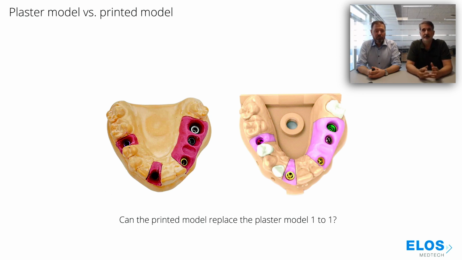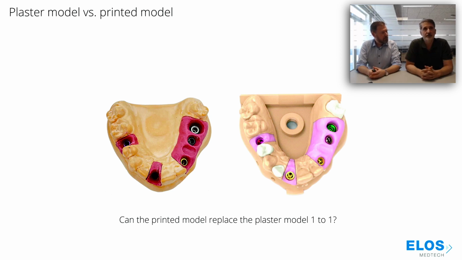So I think the 3D model printing is still an evolving technique in the field of implant prosthetics. And according to the current state of the art, the intended use of conventional plaster models and 3D printed models can be viewed differently. Yeah. So what you're saying is you cannot really replace the traditional plaster model one-to-one with the 3D printed model.